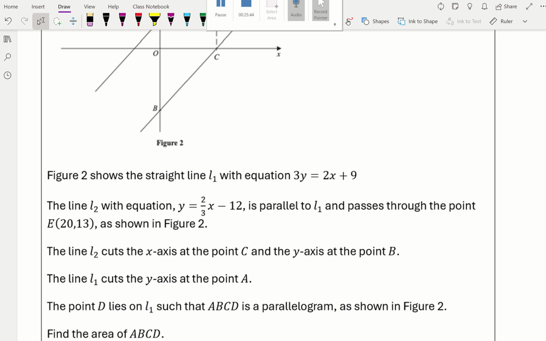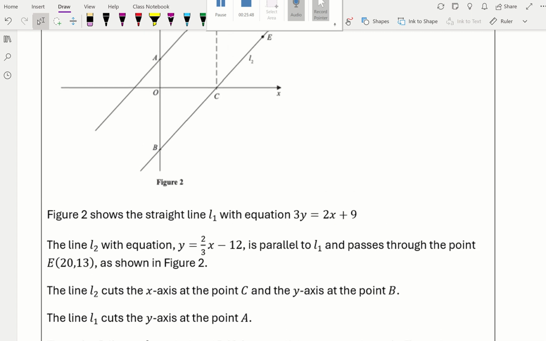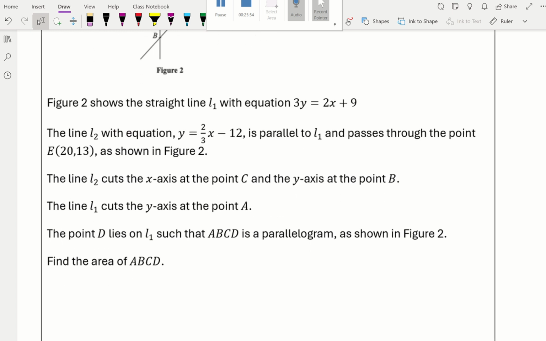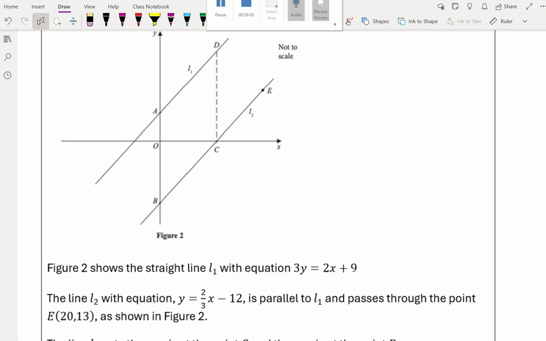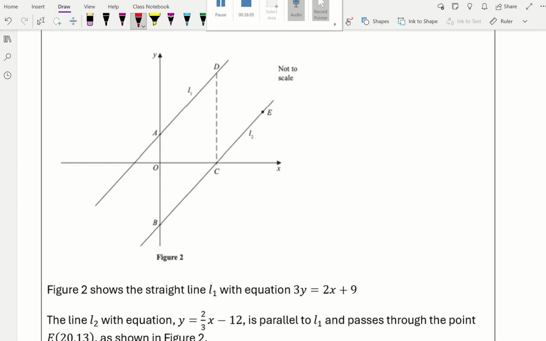The line L2 cuts the x-axis at the point C and the y-axis at point B. The line L1 cuts the y-axis at point A. The point D lies on L1 such that ABCD is a parallelogram. Find the area of ABCD.